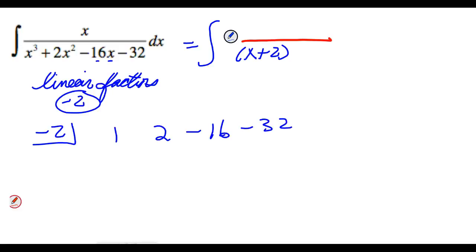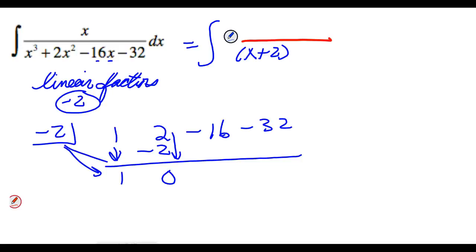Let's see if you guys remember this. It's good to know. What do you do? You draw a line. Then what do you do? Yes, you drop the 1 down. Then what? You multiply here and you add this way. You multiply, you add, you multiply, and you add. And you better get a 0 or you did it wrong, because that was a 0.